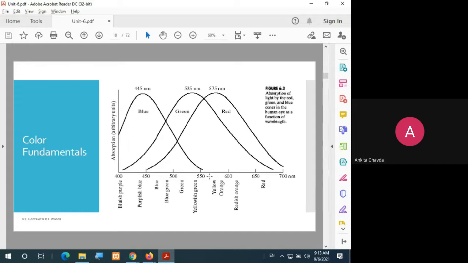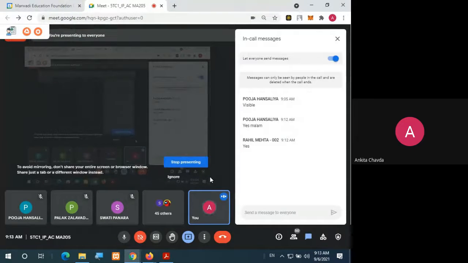There are more than 700 million cones in your eye, which are sensitive to light, obviously. So which color can you easily capture? Where are your eyes much more sensitive? Red, correct. Very nice. Red color is much more sensitive to your eyes.